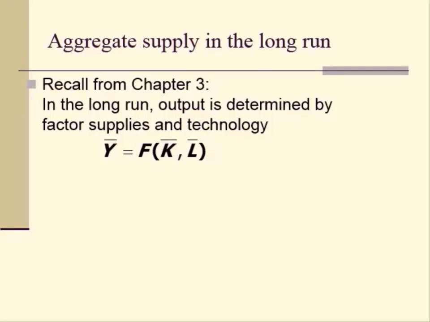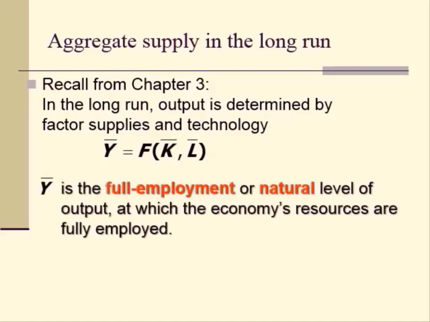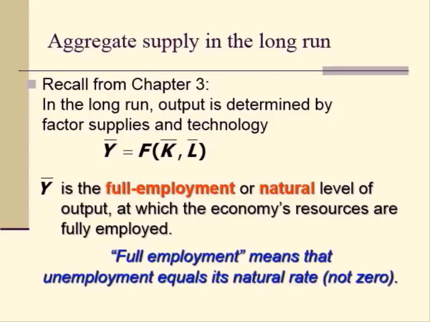Now recall from chapter 3, in the long run, output is determined by factor supplies and technology. And Y bar is the full employment or natural level of output, also called potential GDP, at which the economy's resources are fully employed. Here, full employment means that unemployment equals its natural rate, not necessarily zero.